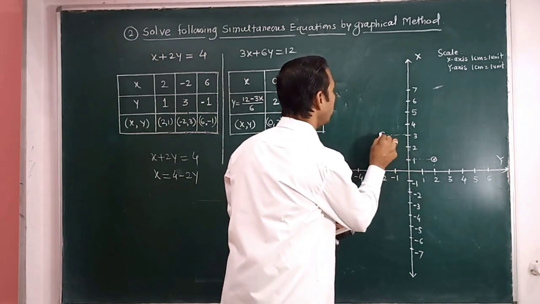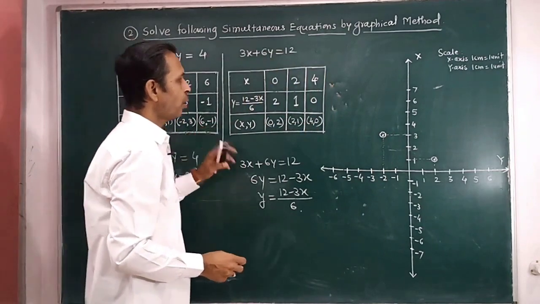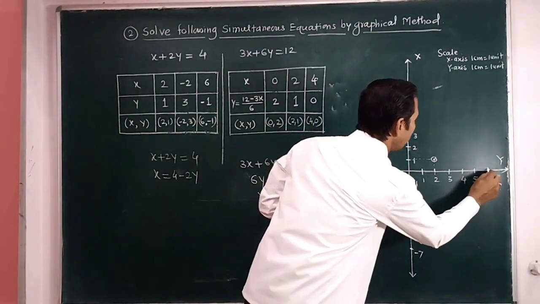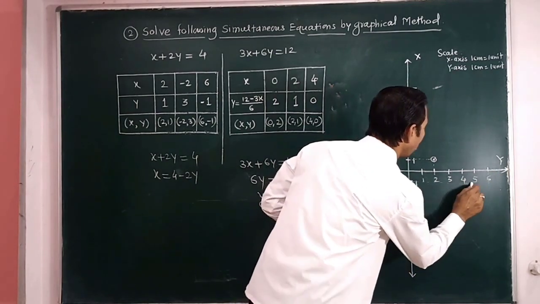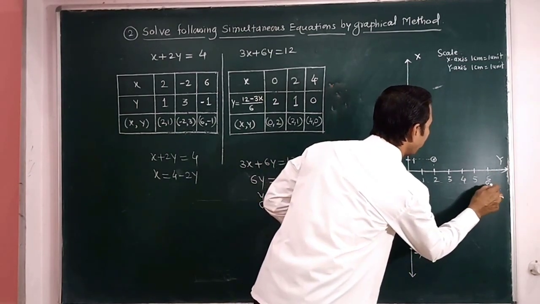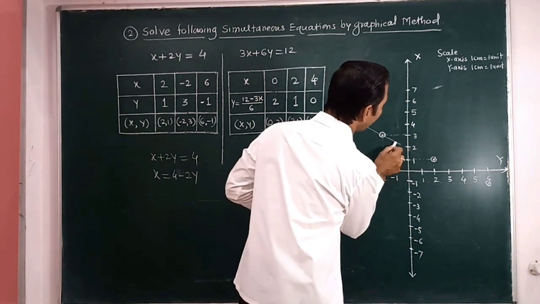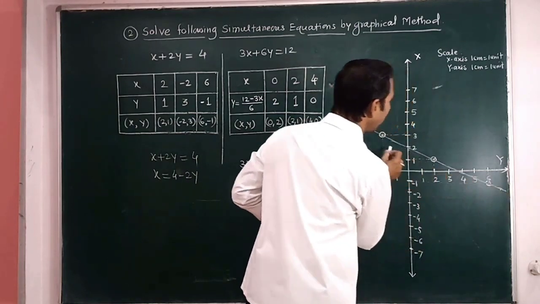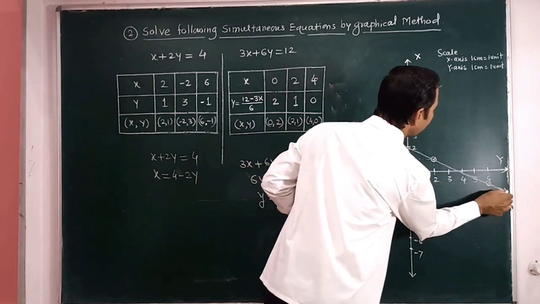The next point is (6, -1); here is 6, and (6, -1) is like this. Now if you draw a line passing through all these three points, these three points are collinear.